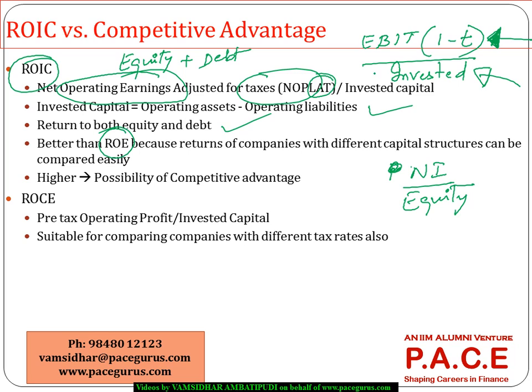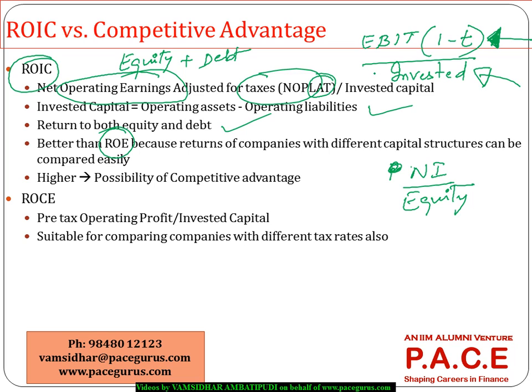ROIC will become a very good mechanism, because we are ignoring the capital structure. When I am comparing two firms with two different capital structures, one is an all equity firm, the other is a 50% equity, 50% debt kind of firm, it makes all sense for me to compare them before the debt and before the interest payment, wherein I am looking at the total return which the business has generated as a proportion of the total capital that has been invested either in equity or debt form.